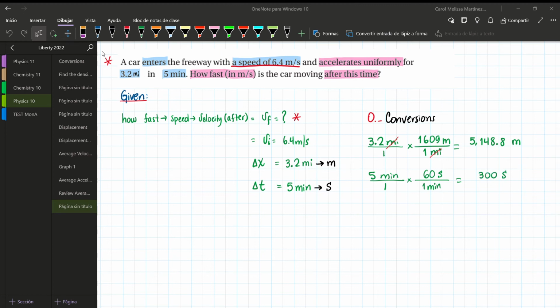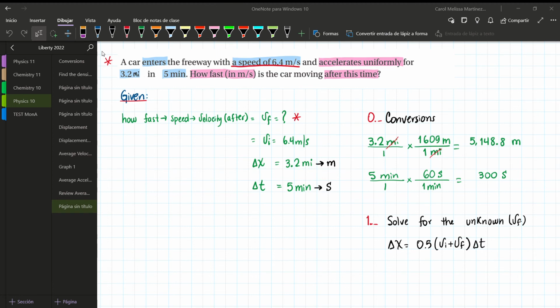So conversions are done. What do I need to do? I need to solve for the unknown. My unknown in this problem is final velocity. So this is my main equation, delta x equals 0.5 times initial plus final velocity, times delta t.